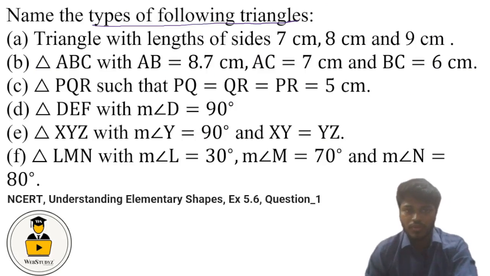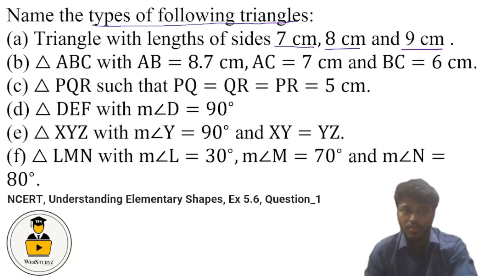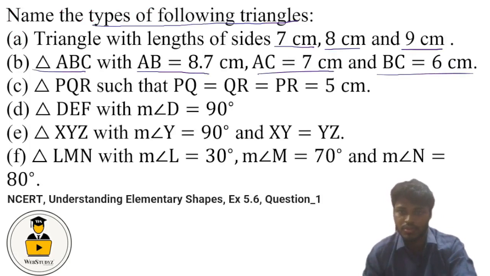So first question says that we have a triangle with length of sides 7 centimeter, 8 centimeter and 9 centimeter. So we can see that the length of sides of a triangle are different in this case. So it will be the example of scalene triangle. Let us look at the second question. So for second question, we have a triangle ABC with AB equals to 8.7, AC equals to 7 and BC equals to 6 centimeter.